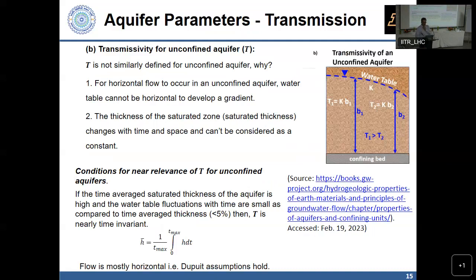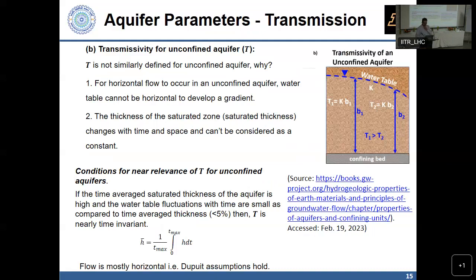However, if the water table fluctuation, let's say with time, is going to be small compared to the thickness of the aquifer, then we can think of this water table fluctuation as small fluctuations about some, let's say, average value. And then we can still assign a transmissivity, which is this average thickness of the aquifer times the hydraulic conductivity.